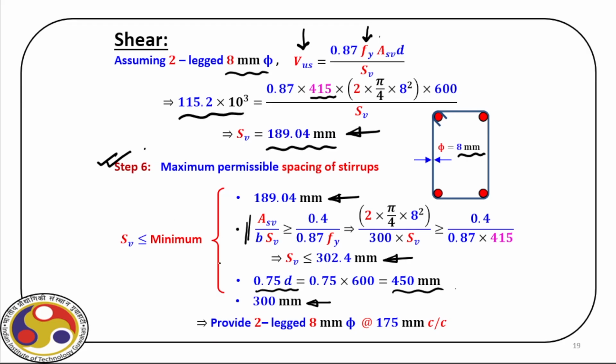So the minimum of these four options is 189.04 millimeter. As I said, we provide in multiples of 25. So the lower value of 189.04 millimeter is 175 millimeter. So we provide two-legged 8 phi bars at the rate of 175 millimeter center to center. So that actually completes the design.